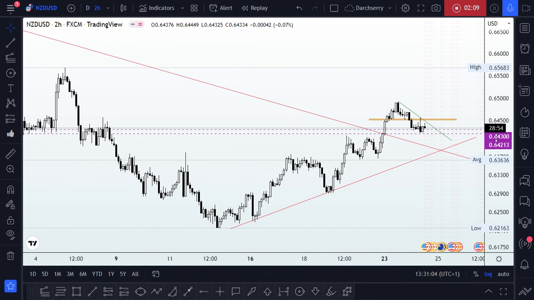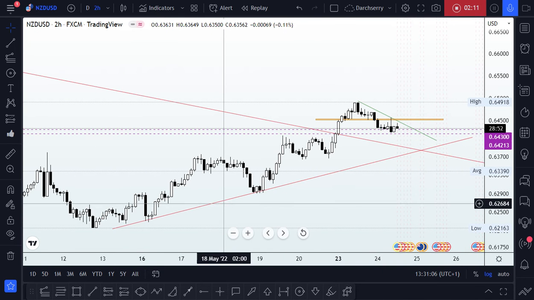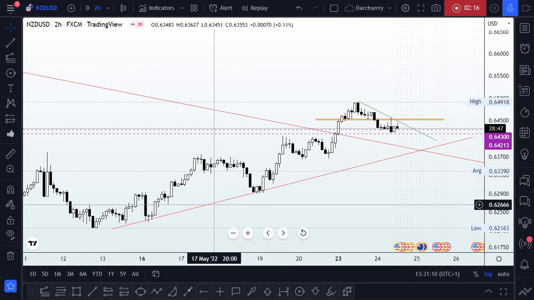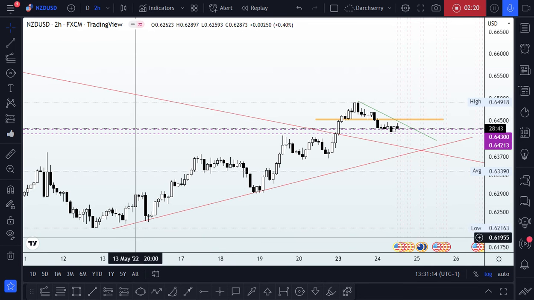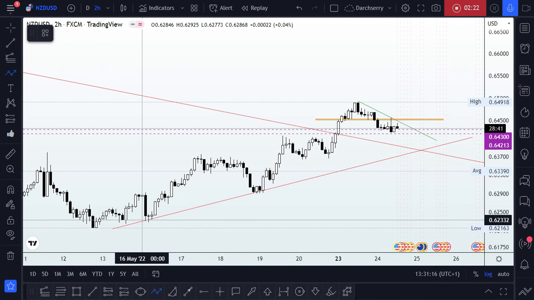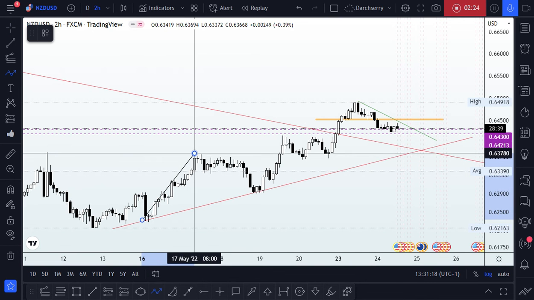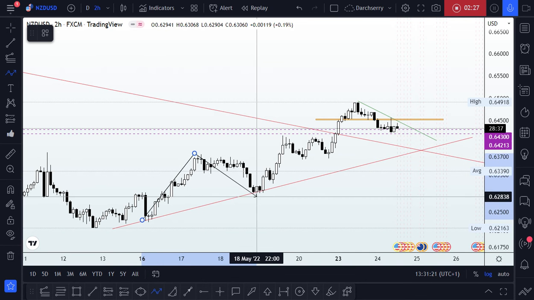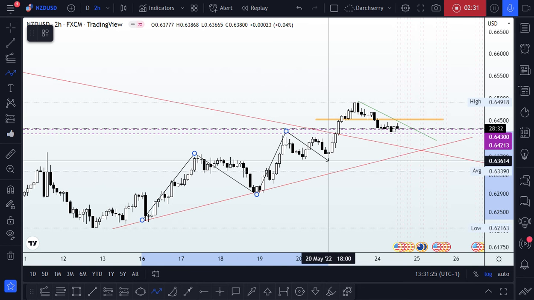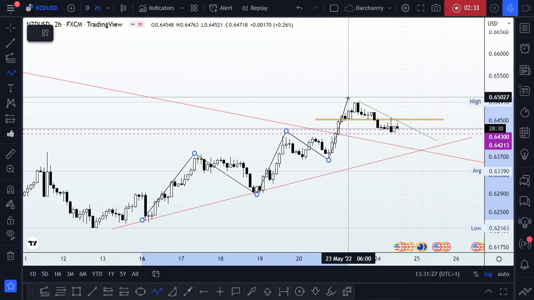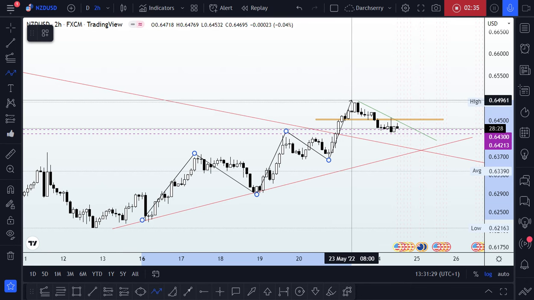So with these two pieces of information gathered, this bullish trend line and the bearish trend line on the daily time frame, we saw how price has moved since last week, and you can see a higher high, higher low, a higher high. So price did not touch that trend line until we saw that new high at this point.